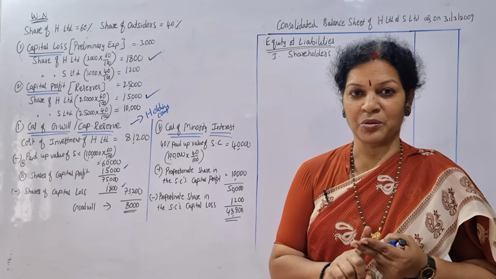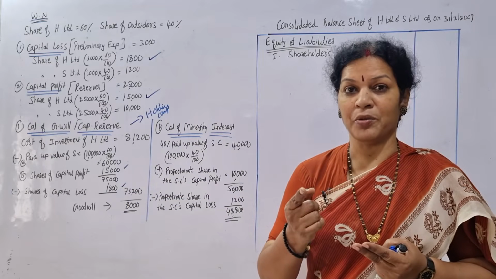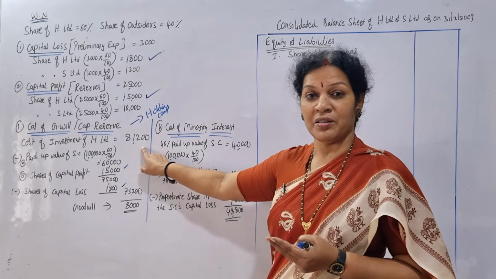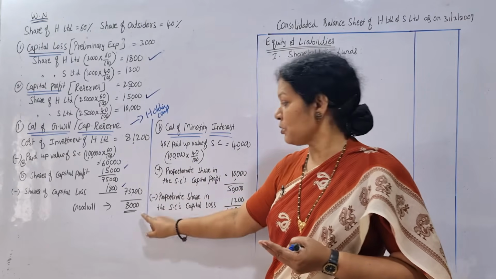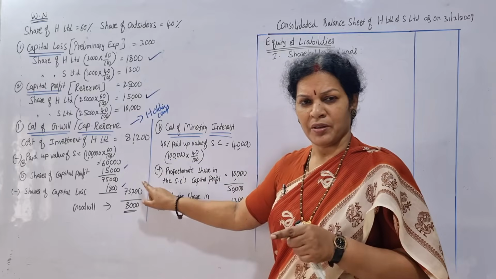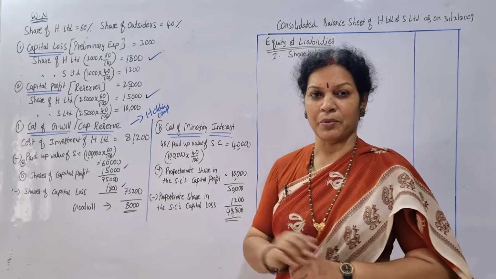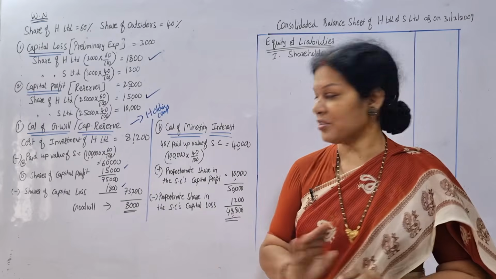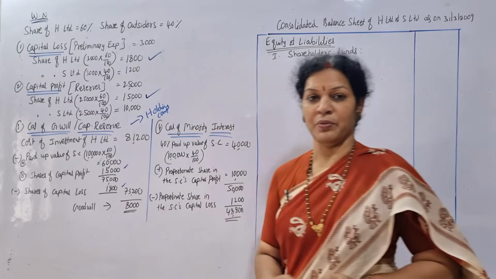We are paying more than that. How much we are paying? 81,200. What is the difference between these two? This is 8,000. Value is less, but we are paying more. It means that's a goodwill. So I have written here goodwill.